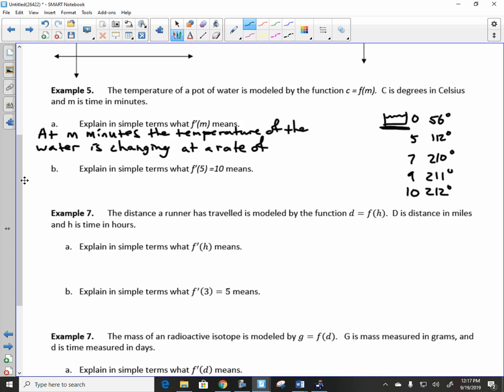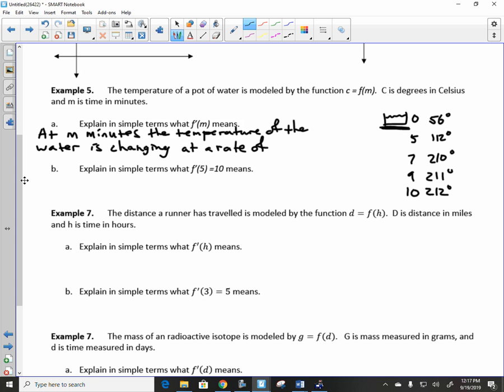A rate is something over something. So if I'm going to measure the rate at which the temperature is changing, how would you measure that? What would be your label? What am I measuring? What's the temperature being measured in? Degrees per minute.